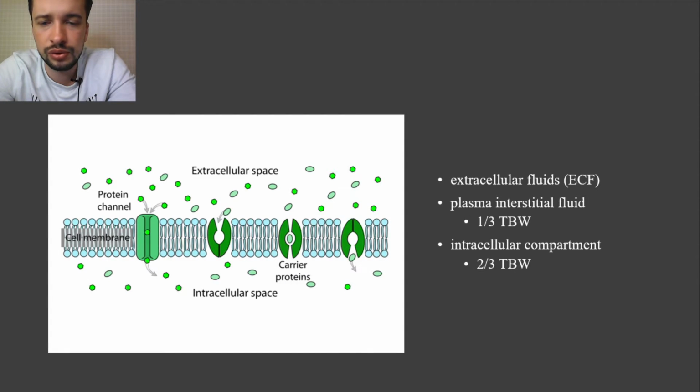Let's talk about extracellular fluids. The extracellular fluid, or ECF, plasma and interstitial fluid together compose about 1/3 of the TBW, just 1/3. And the intracellular compartment composes the remaining 2/3.